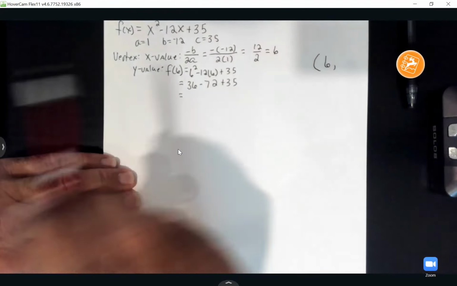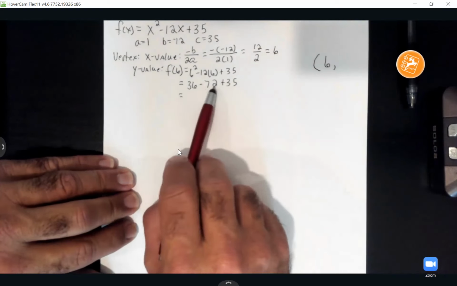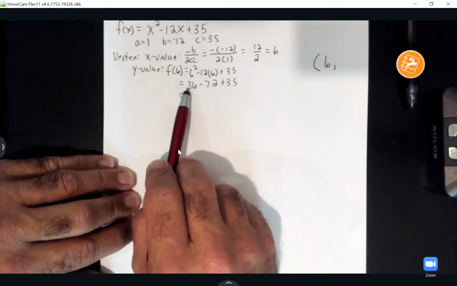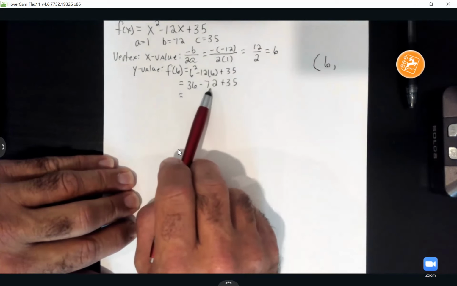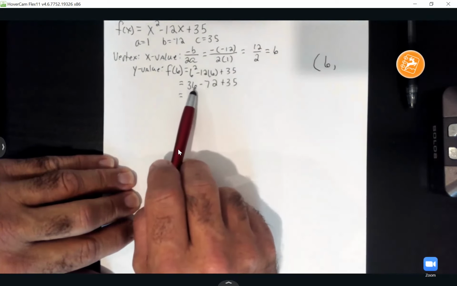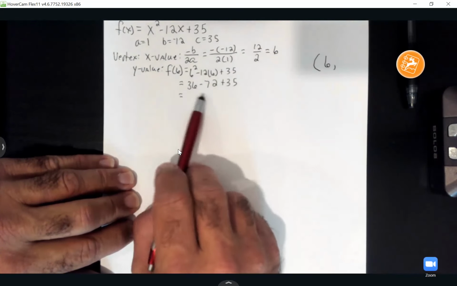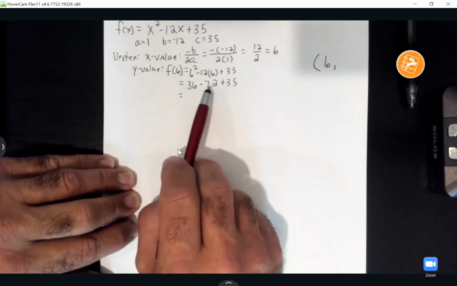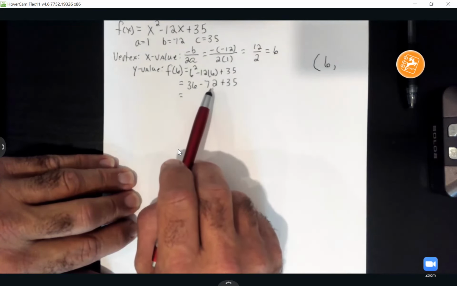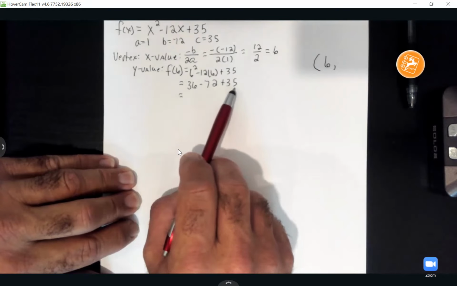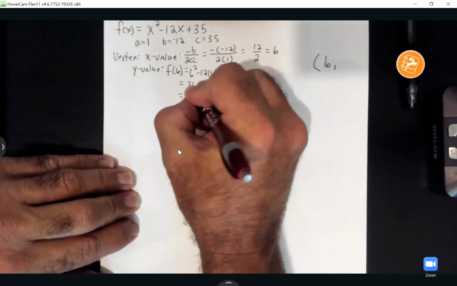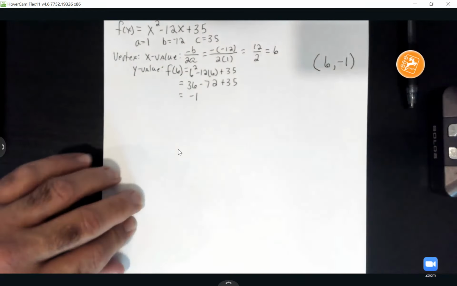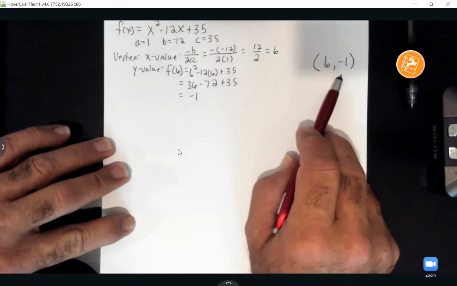And y'all, I'll tell you a trick on this. When you're at this point, that second number is always twice as big as the first number, and it's always opposite in sign. Okay? So that's just little things you can pick up on these. But 36 minus 72 is a negative 36. Negative 36 plus 35 is a negative 1. So my vertex is going to be 6, negative 1.